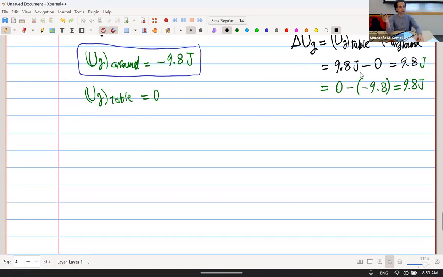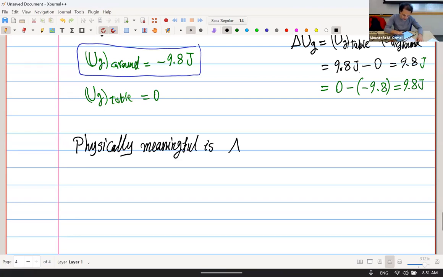Also, that gives us the freedom of choosing any point as a reference point and set the potential to be 0 at that point and measure with respect to it. So, physically meaningful is the change in potential energy, which is equal to mg delta y, because delta y doesn't depend on the coordinate system.